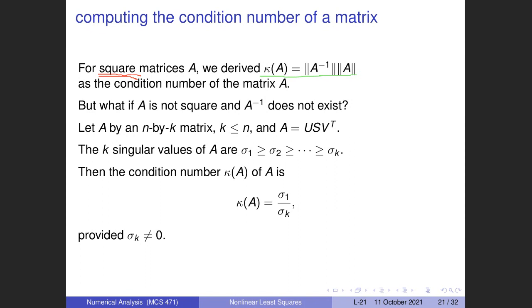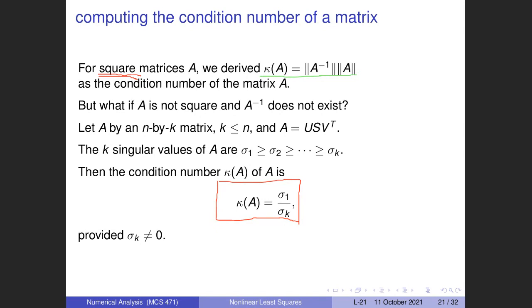Well, you can look at the singular value decomposition. So the condition number, and this is the proper condition number of the matrix in the least square problem. I'm sorry, again this is not completely correct for the least square problem, because the right-hand side vector also plays a role.